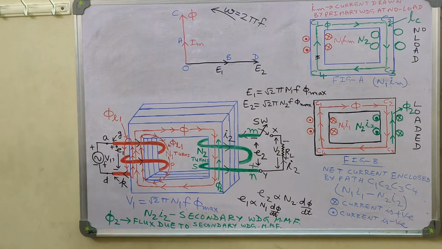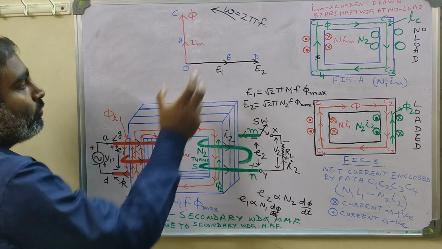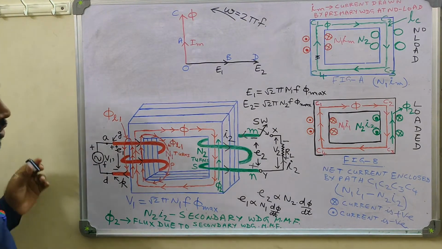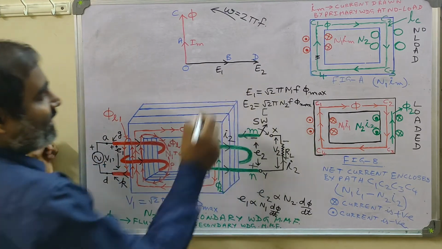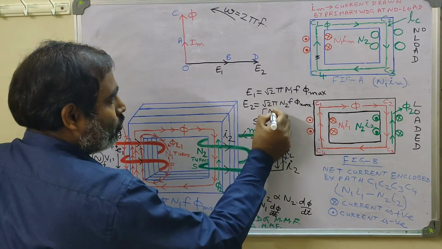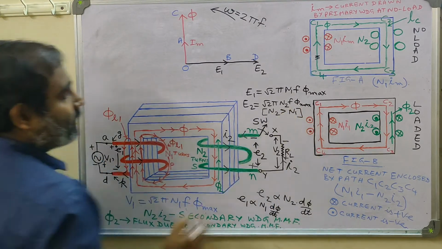Now, what is OB? OB is shorter in length and OD is longer in length. From this diagram only we should be able to make out which one is greater. N2 is greater than N1, isn't it?